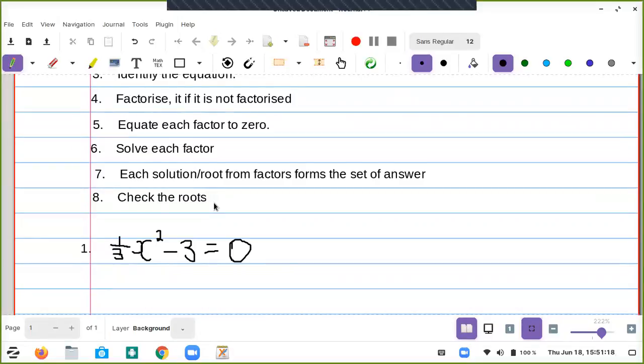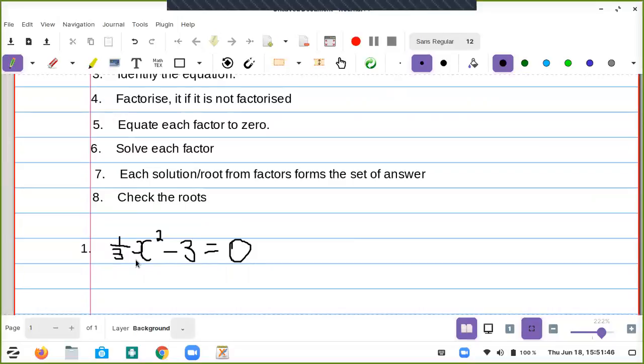But if the right-hand side is not equal to the left-hand side, then it means your roots are wrong. So you have to start afresh until you come up with roots or solutions or answers that can make the right-hand side equal to the left-hand side of the equal sign. Then it means your solutions are all right.